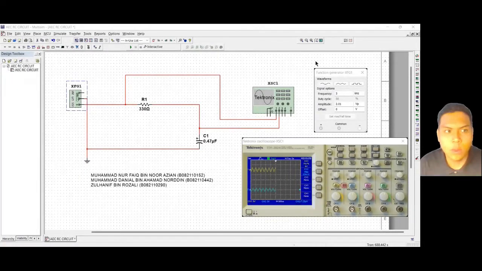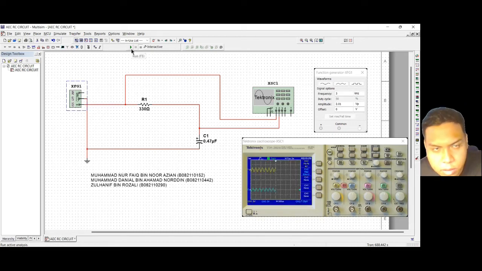I will continue our presentation with simple simulation videos. So as you can see here, this is our low pass filter circuit. This is the function generator and this is the Tektronix oscilloscope that we already connected to the circuit. What we need to do here is simply click on the run simulation button.